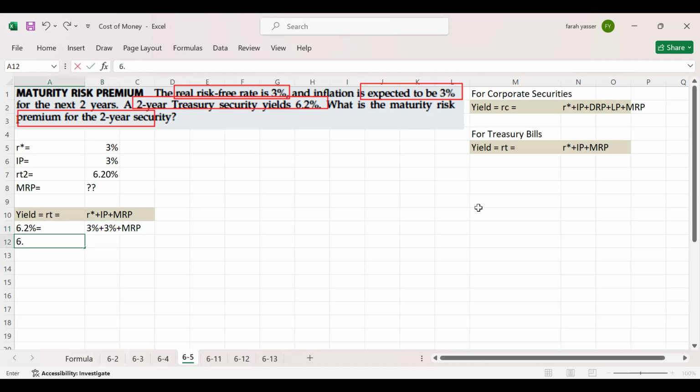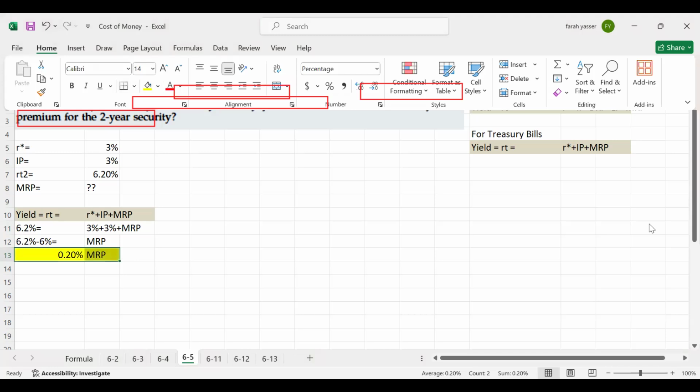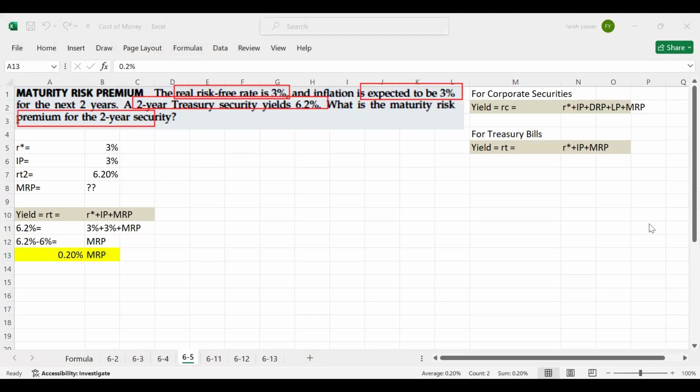So 6.2% minus 6% gives us, on the other side, the maturity risk premium. So the maturity risk premium would be 0.2%. So here is the answer to problem 6-5, the maturity risk premium we have calculated.